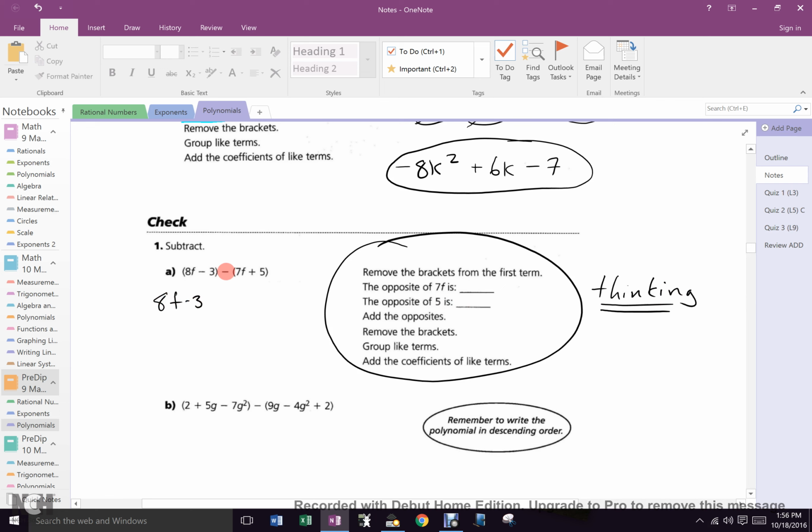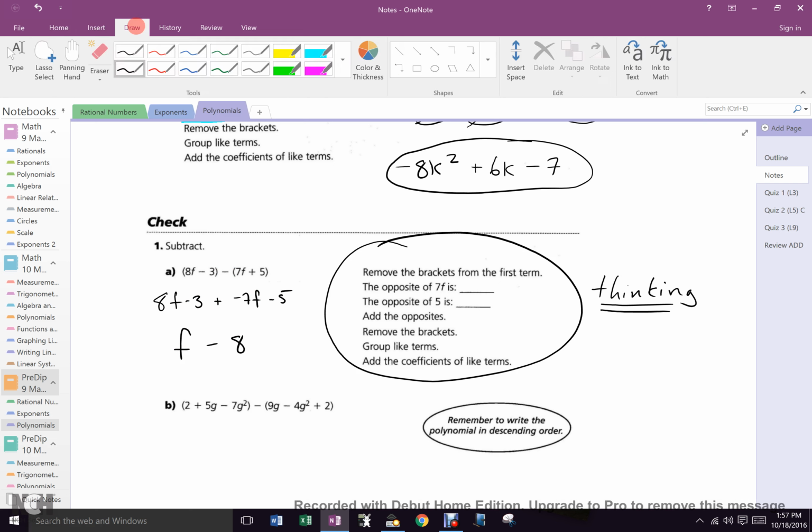So, 8f minus 3. As soon as I see a negative, I'm adding opposites. Negative 7f minus 5. 8 minus 7, f, negative 3, and then negative 5 more, negative 8. Here, what's weird about here? It's not in order, which is why I gave you this handy-dandy little clue out here to remember to write it properly.